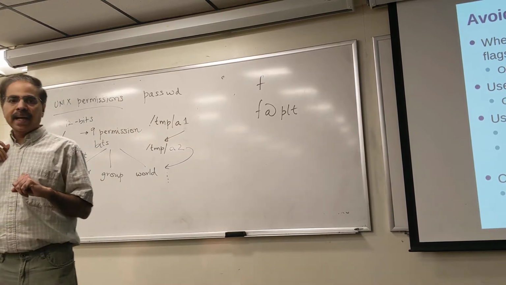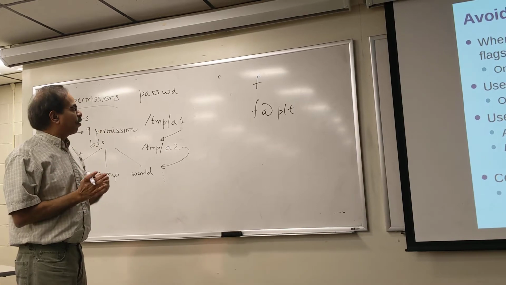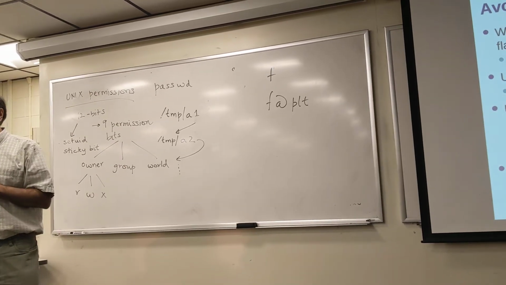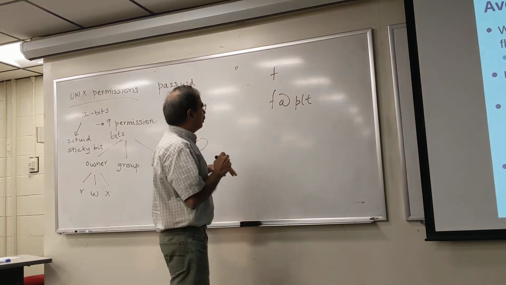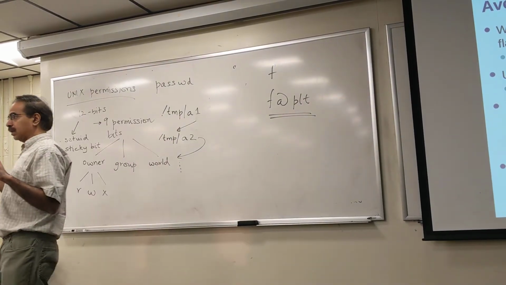And PLT is a piece of code that the compiler will automatically add, and it will contain essentially a stub for every function that you want to call.